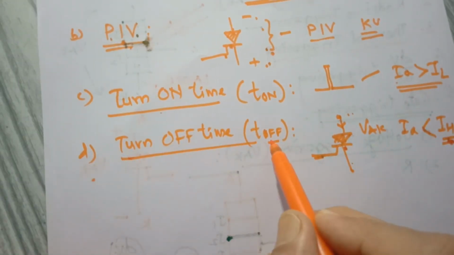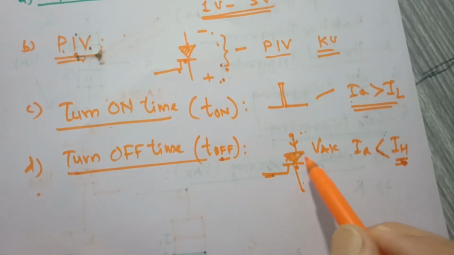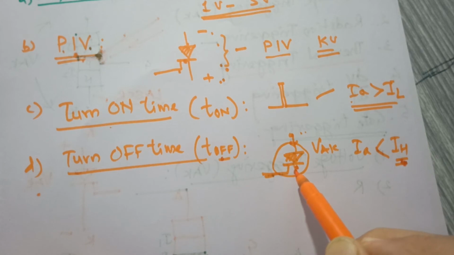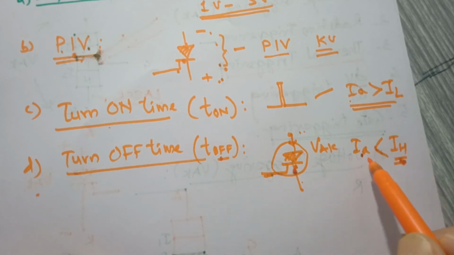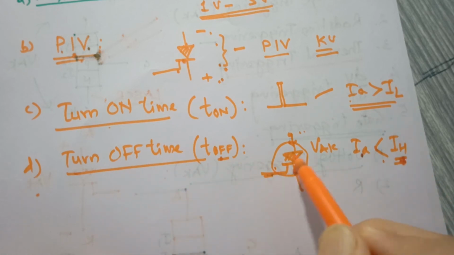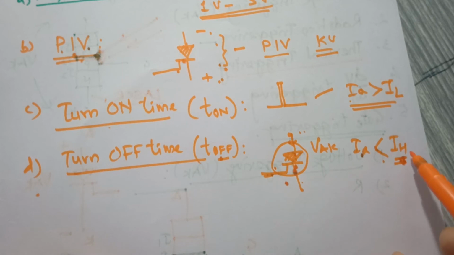So turn off time is the time taken by the SCR to turn off after the current has dropped below the holding current, after removing the triggering and reducing the anode current.